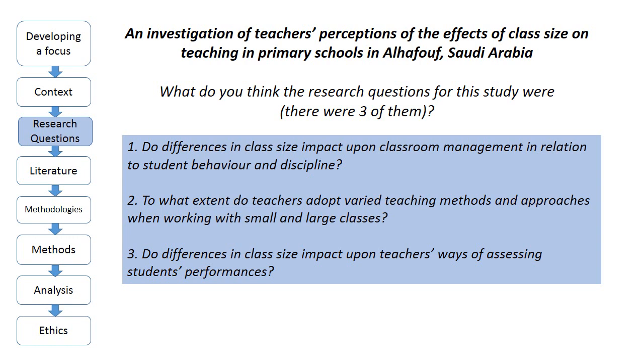Given that the whole idea is to look at teacher perception and their perceptions in relation to the effect of class size on teaching, the three elements of teaching that have been chosen are the teaching methods themselves, the classroom management and student behaviour, and the way that teaching and learning is assessed.